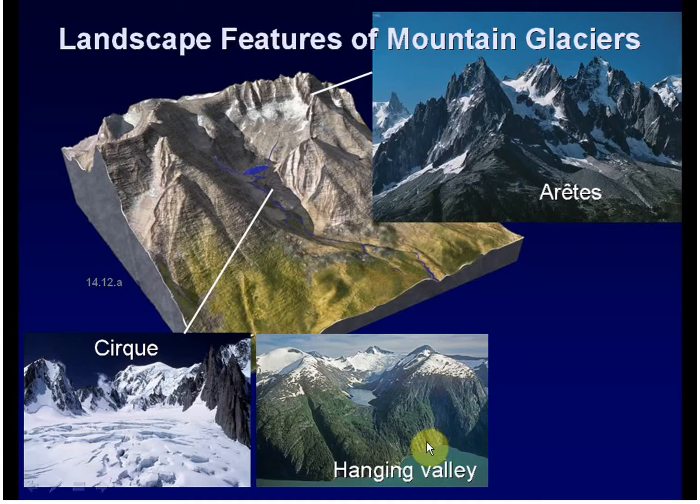Another common feature that we see are known as hanging valleys, and in this example we've got a glacier that's moved down in the main valley here and has eroded out and carved out a very large and deep valley. Then in this smaller and higher valley we've got another small glacier that was present, and it's left this valley hanging.